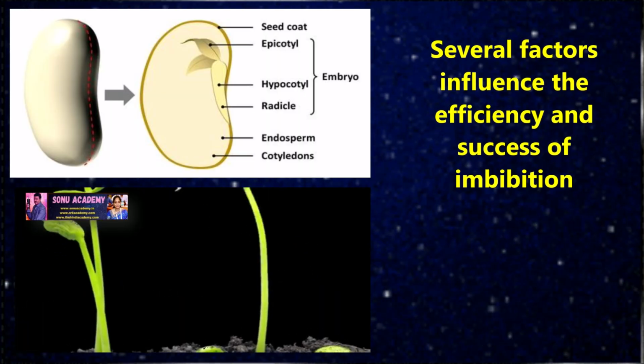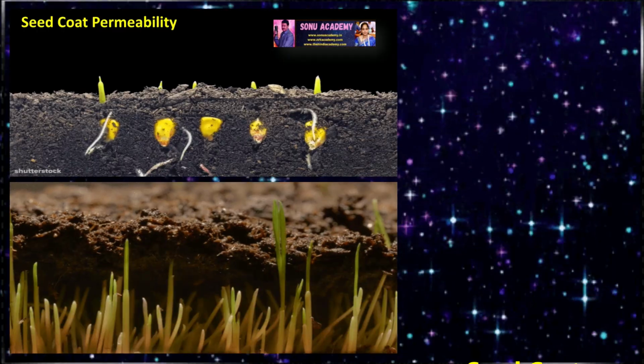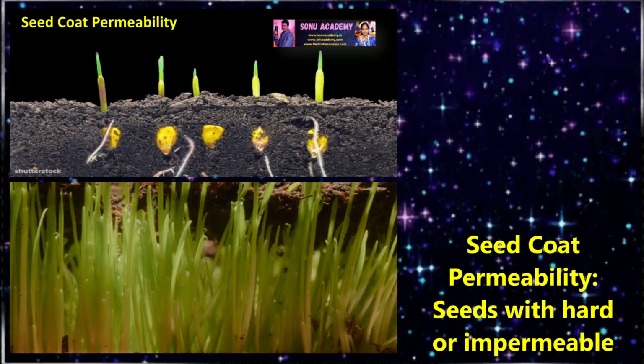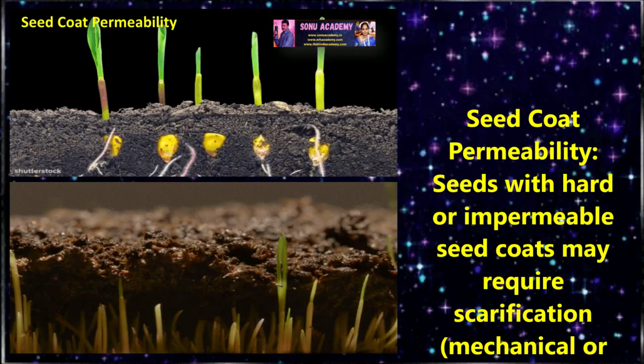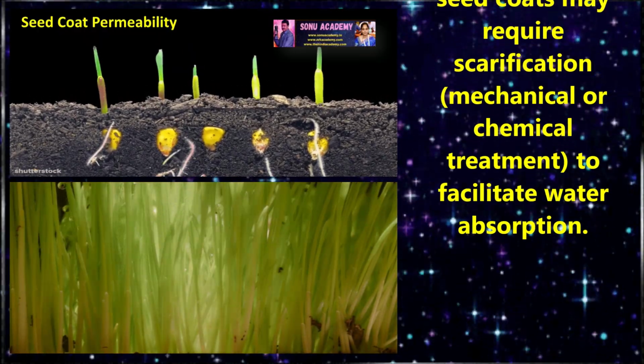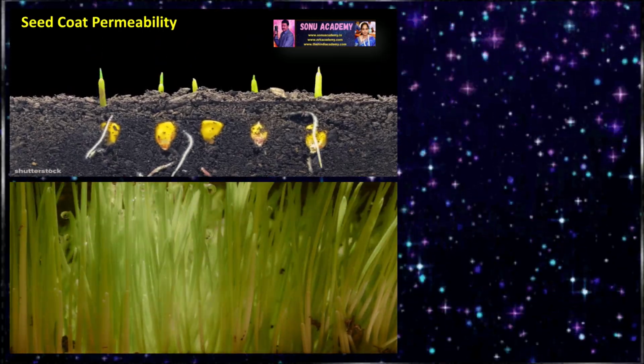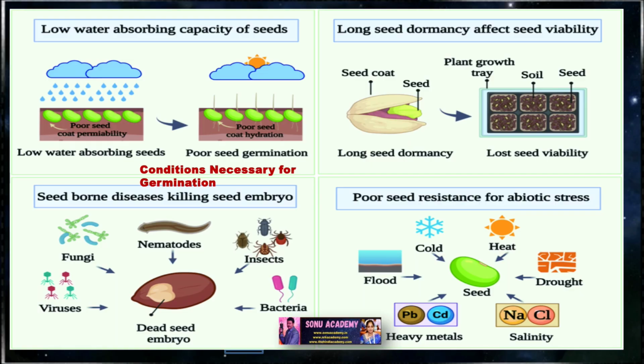Children, let us discuss the factors affecting imbibition. Several factors influence the efficiency and success of imbibition. Seed coat permeability: seeds with hard or impermeable seed coats may require scarification, meaning mechanical or chemical treatment, to facilitate water absorption. Second one, water availability.